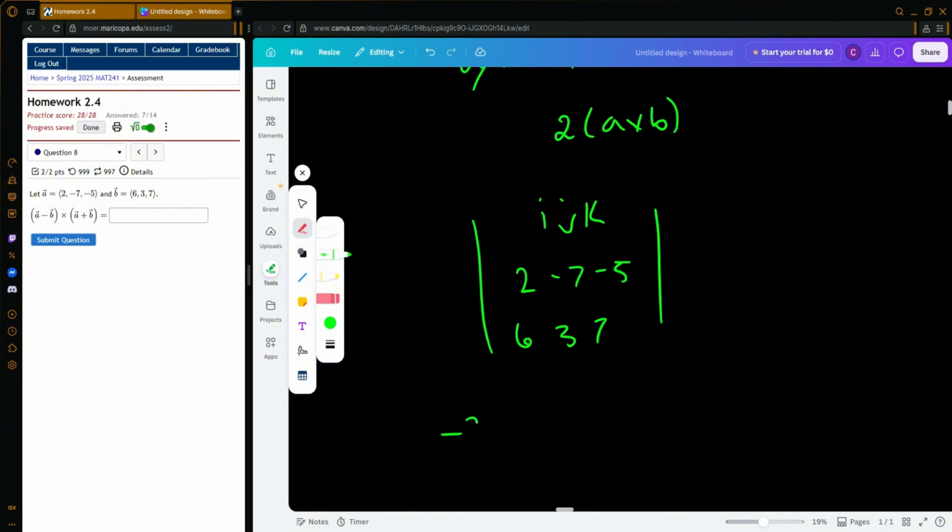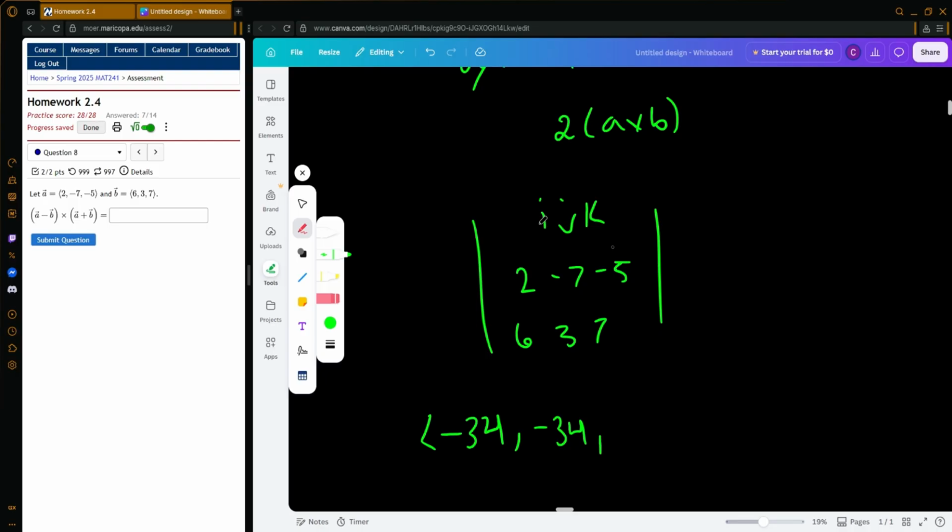So our first component is negative 34. Remember, for the middle component, we're going to negate it, and we're going to focus on these numbers. So we get 2 times 7 is 14, minus negative 30, so plus 30, so this is 34. So negative 34 again, okay?